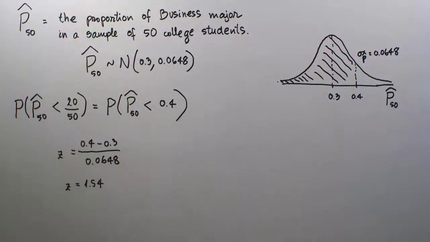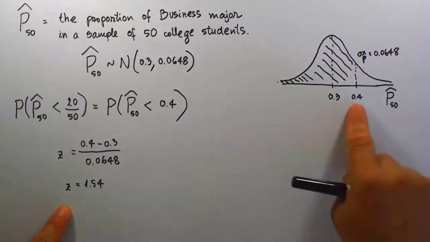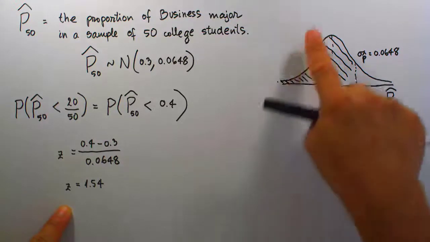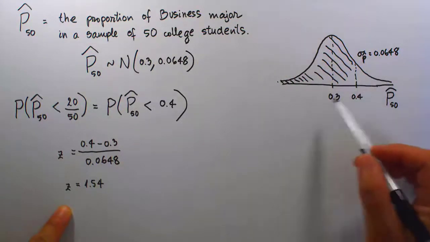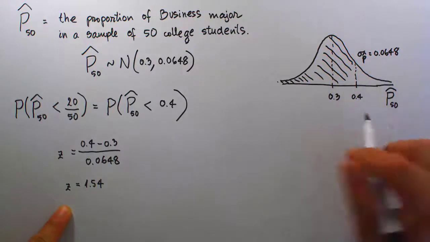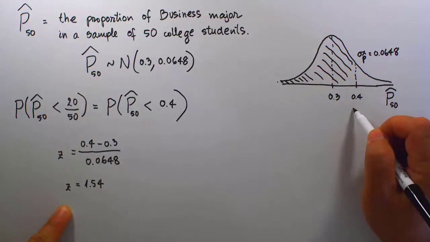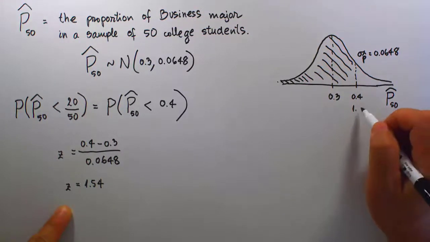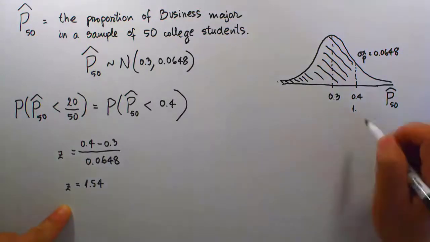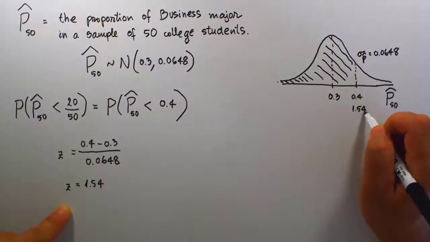So what it means now is that from where 0.4 is on this current bell curve of the sampling distribution of the proportion, 0.4 is equivalent to the z-score 1.54 on the standard normal distribution curve.